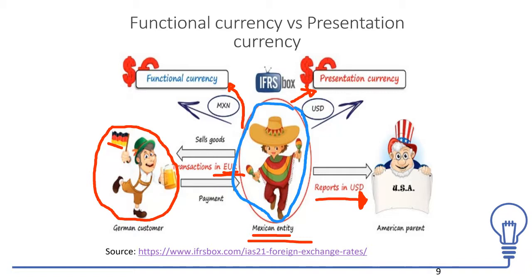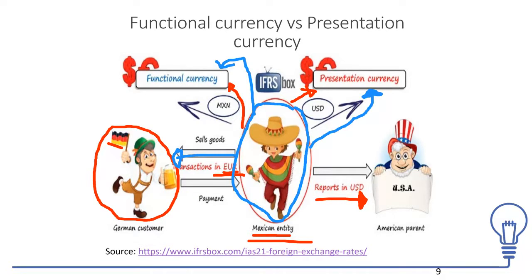So we have a situation where the majority of their sales are happening in pesos. They engage in some sort of transactions with Germany, and they use the euro. They need to present their financial statements in the dollar. Okay, can you see how that can happen, right?